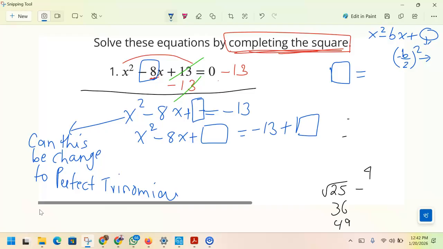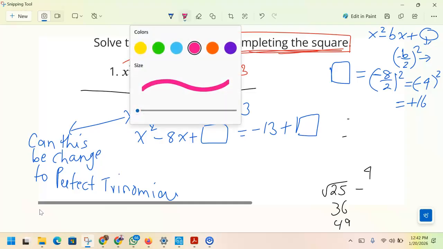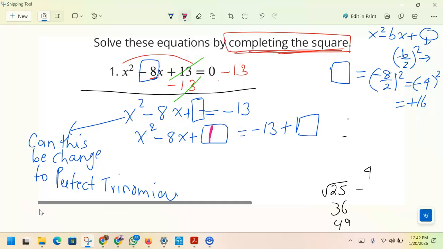So minus 8 divided by 2. If you square this, you get negative 4 squared, and that is positive 16. So we add 16 to both sides. You put 16 this side and 16 this side. So this is always the rule to get a perfect trinomial.